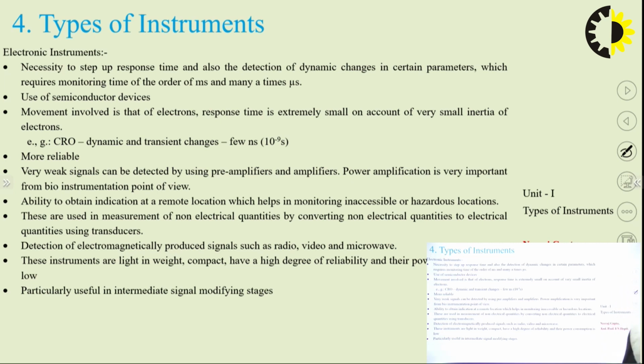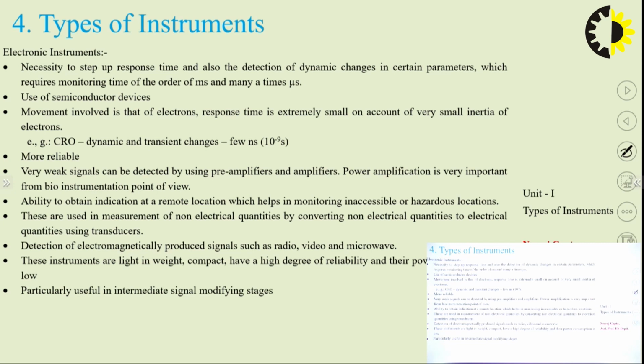Further illustrating on types of instruments, we have electronic instruments. As we grew and developed upon these mechanical and electrical instruments, we moved on to electronic instruments. There was a necessity to step up the response time.